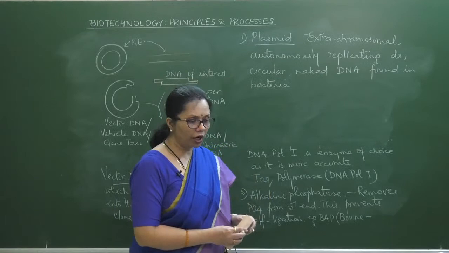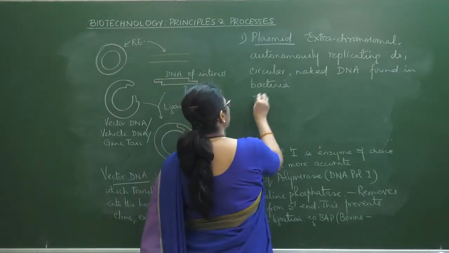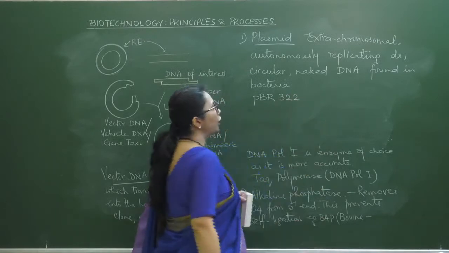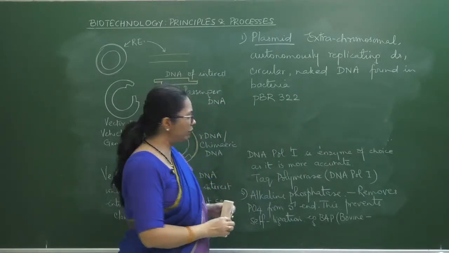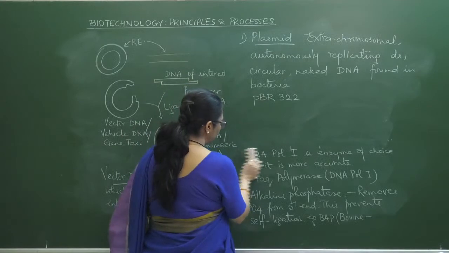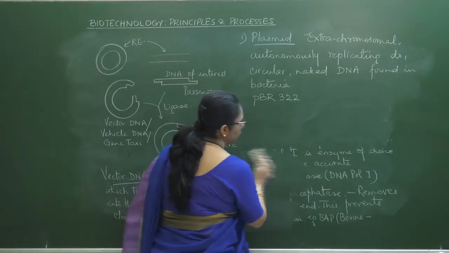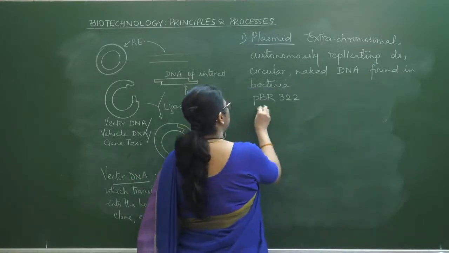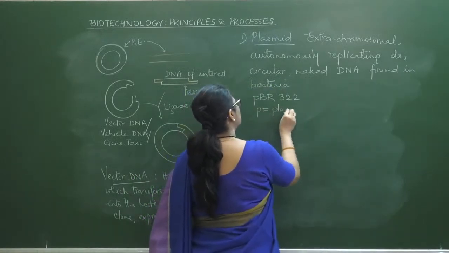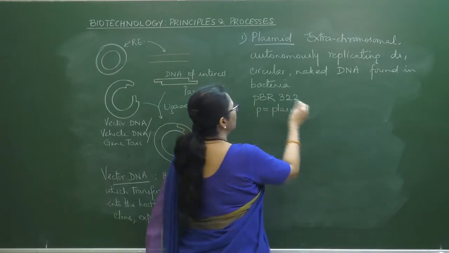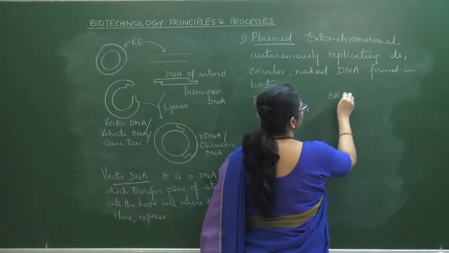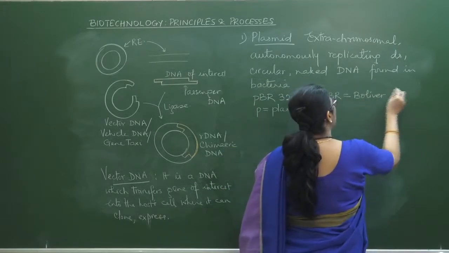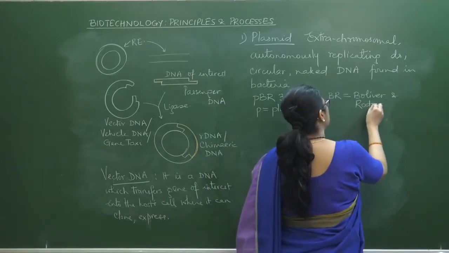So we'll take pBR322. How is the naming done? P stands for plasmid. BR stands for the researchers who developed it, Bolivar and Rodriguez.